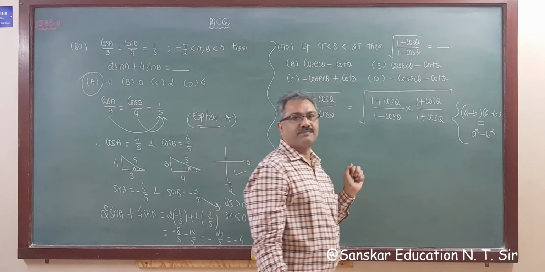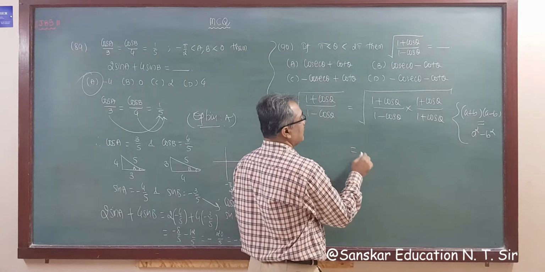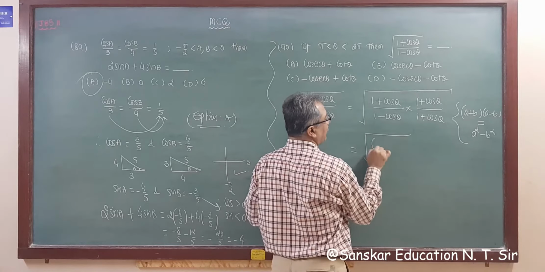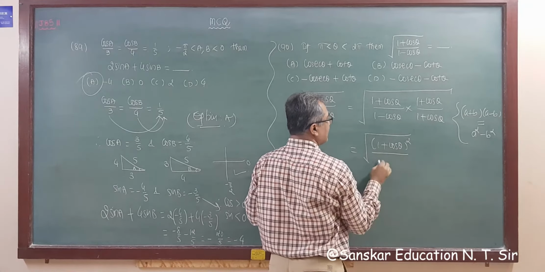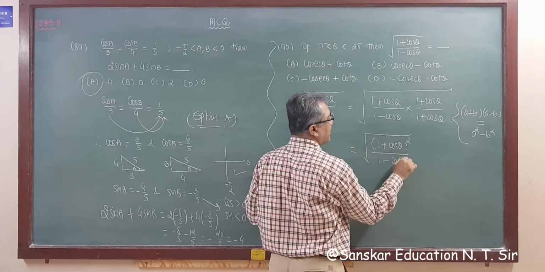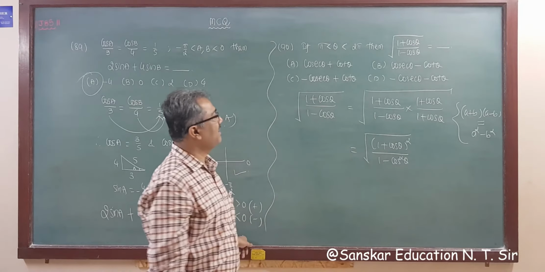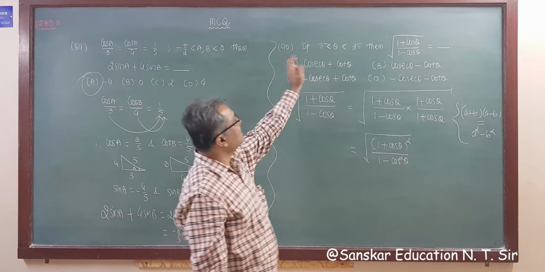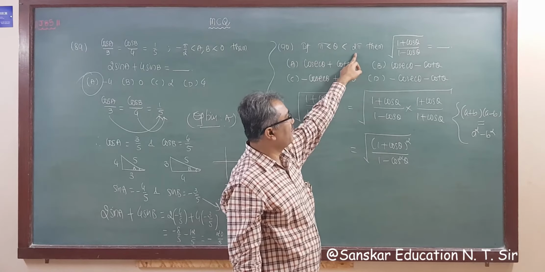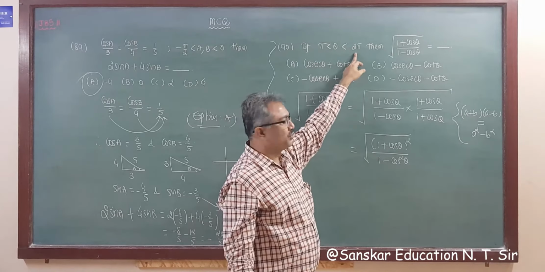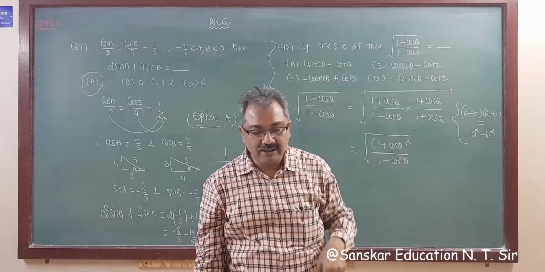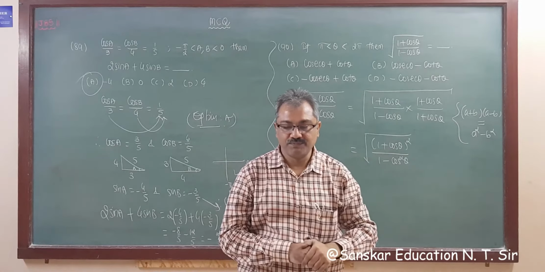That you know. So this is square root of 1 plus cos theta whole square upon 1 minus cos square theta. Now it is given that theta lies between pi to 2 pi. So what to do?